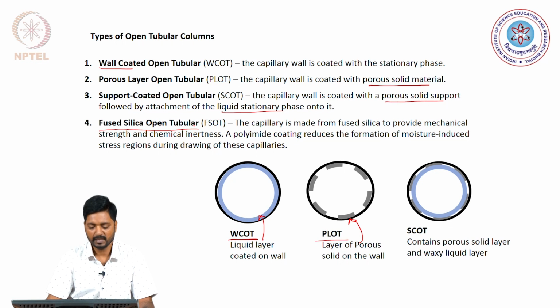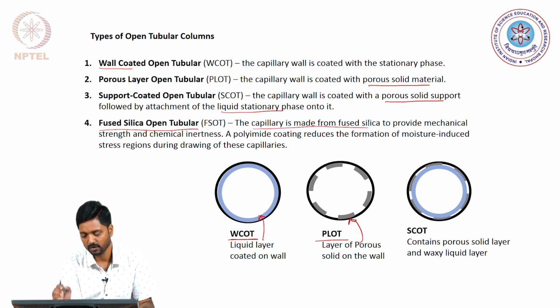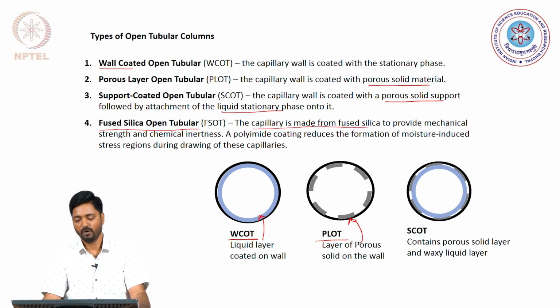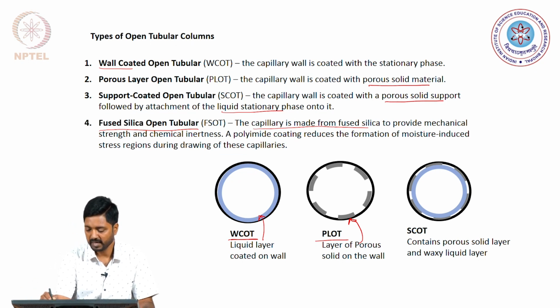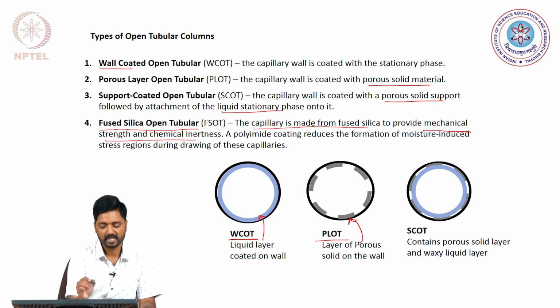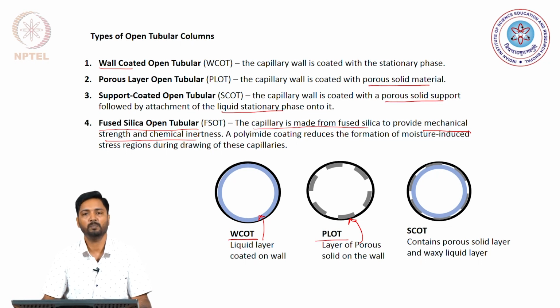This is nothing but a case where the capillary used for the gas chromatography column is made from fused silica, which provides better mechanical strength and chemical inertness compared to the metal columns that can also be made.